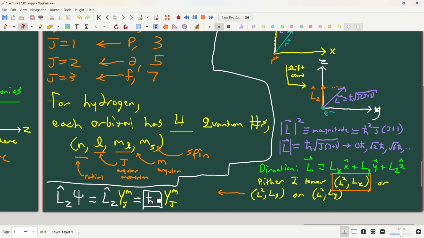So what does that mean? The quantum number m specifies the orientation of the angular momentum with respect to the z-axis. If my angular momentum is pointing in this direction, then using my right hand, my rotation is in the direction that I curl my fingers.